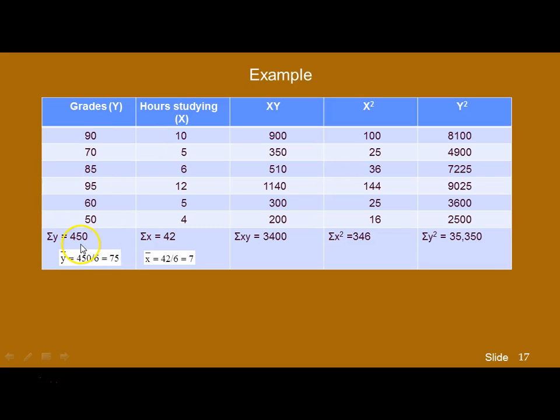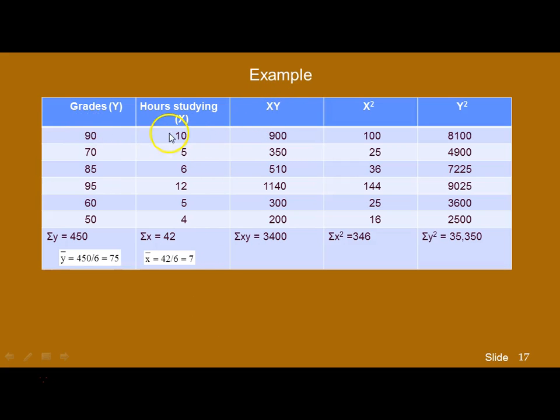We need to sum the y's, which adds up to 450. We need to sum the x's, which adds up to 42. Down here, I've also calculated the means of the two variables. Y bar would be 450 divided by 6. We have 6 observations, which would be 75. And x bar would be 42 over 6 or 7.